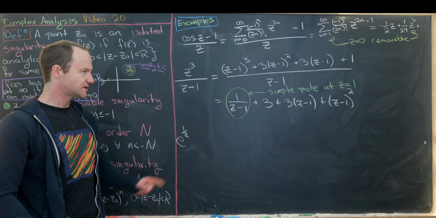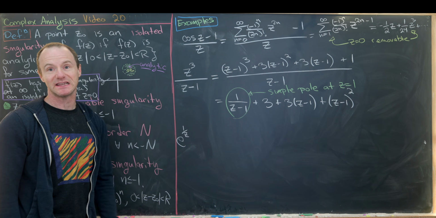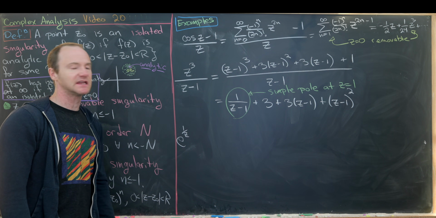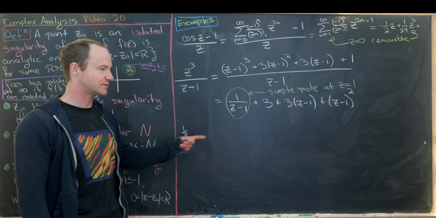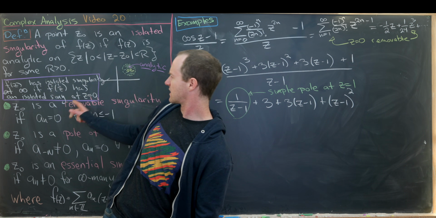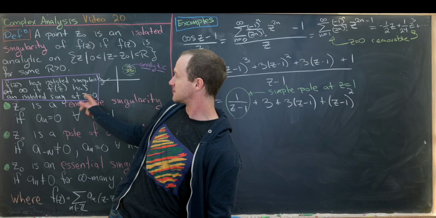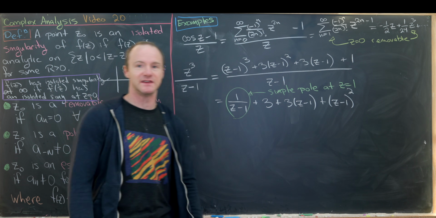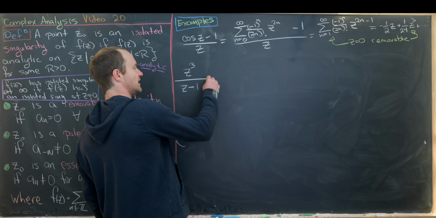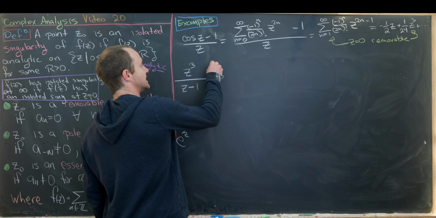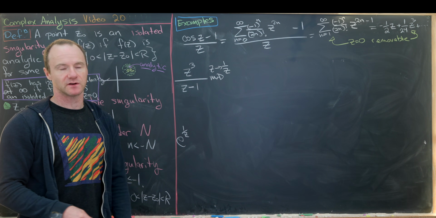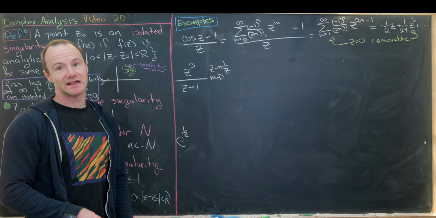So let's maybe also notice that something's happening at z equals infinity as well, because we've got this z cubed on the top, which means as we let z approach infinity, this will approach infinity. But let's maybe check that we indeed do have a singularity at z equals infinity by this definition over here. So in order to dive into the singularity at infinity, we want to replace z with 1 over z and then look at the resulting function's singularity at z equals 0.